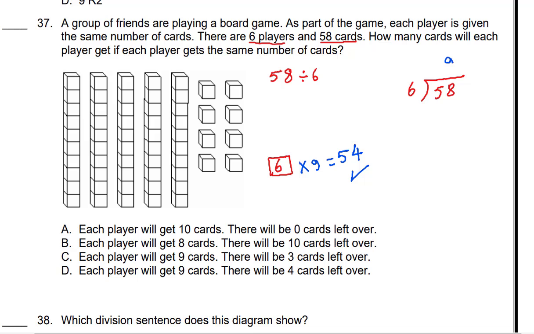The 8. And down here under the 58, right? 54. And minus. Great. 8 minus 4 equals 4. 5 minus 5, 0. Great. So choose the correct answer, my hero. A, B, C, or D.